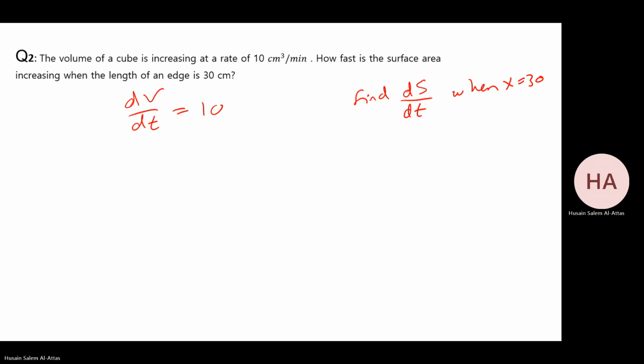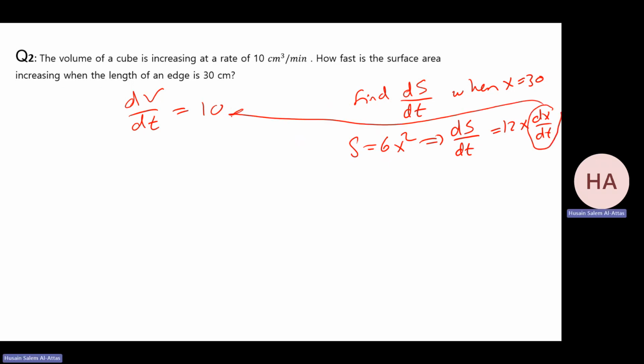I know S is 6x squared, so ds/dt equals 12x dx/dt. I need to find dx/dt from the volume information. V equals x cubed, which implies dV/dt equals 3x squared dx/dt.